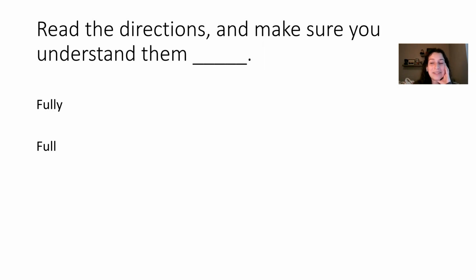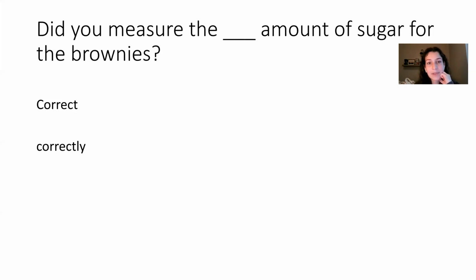It's just not in the place it normally would be. But what we're describing here is how you understand, and understand is a verb. So do you understand them full or fully? Since it's a verb, we're going to choose the adverb fully. And once again, we can identify fully as the adverb due to the ly at the end.